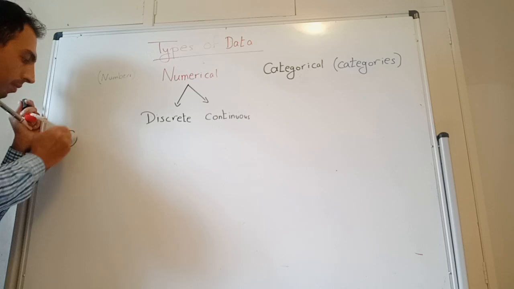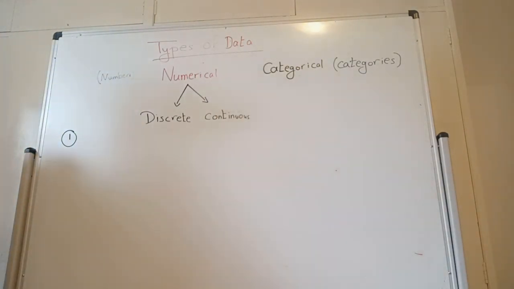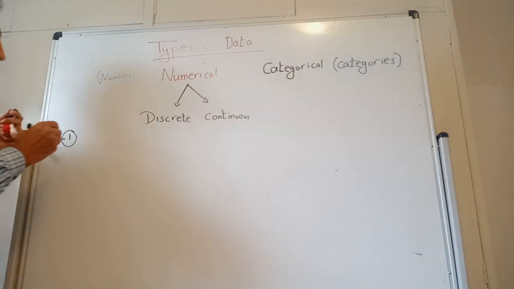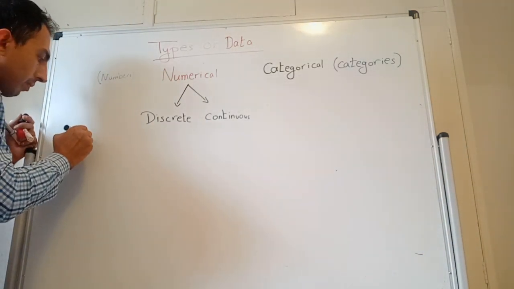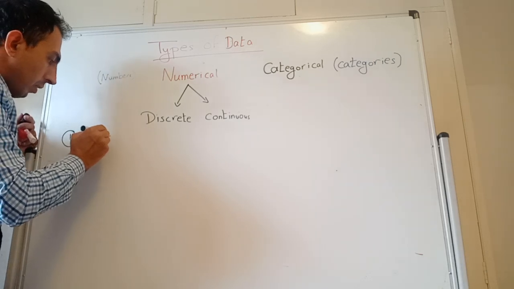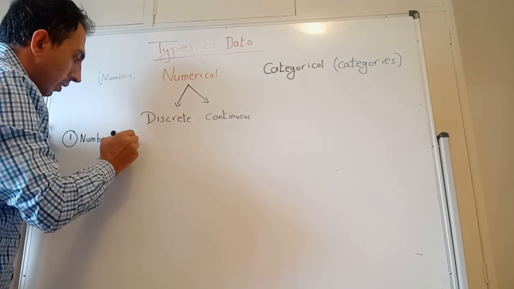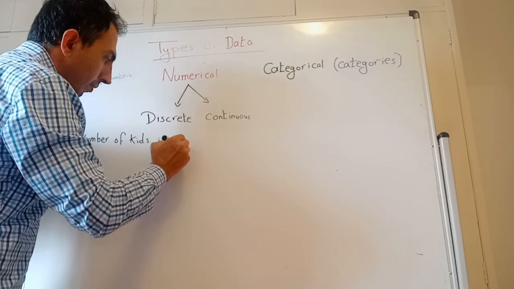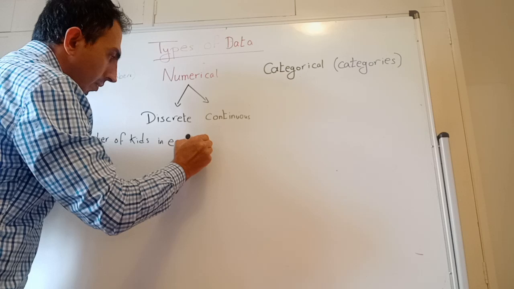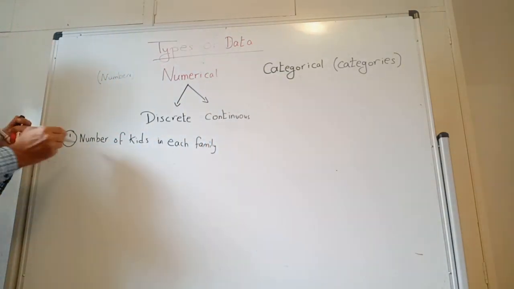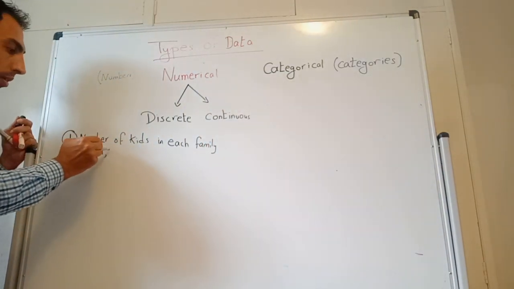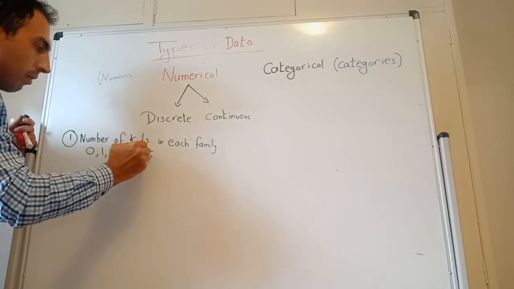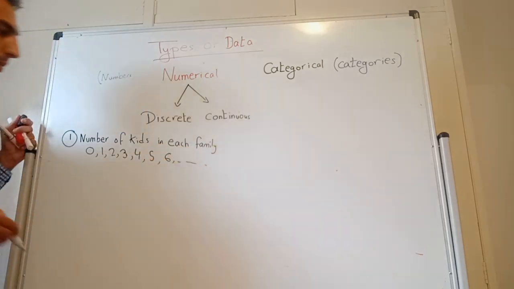Number one, if we are studying data about number of kids in each family, this can be 0, can be 1, can be 2, 3, 4, 5, 6, and so on.